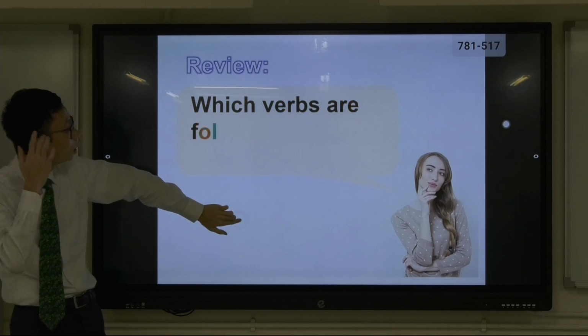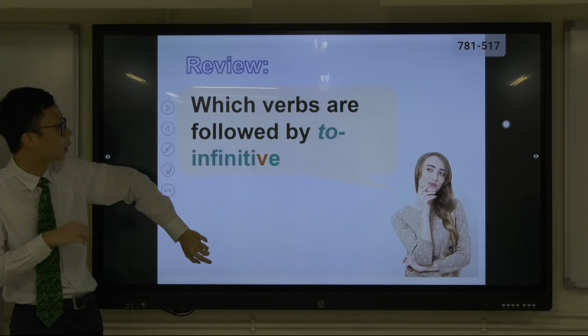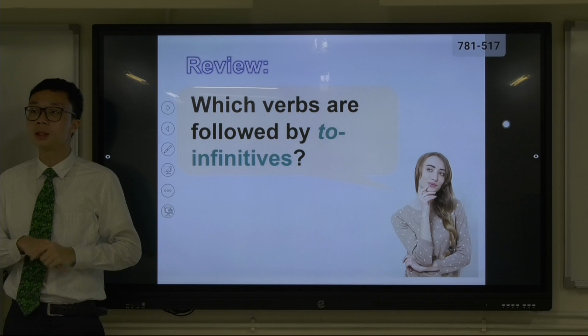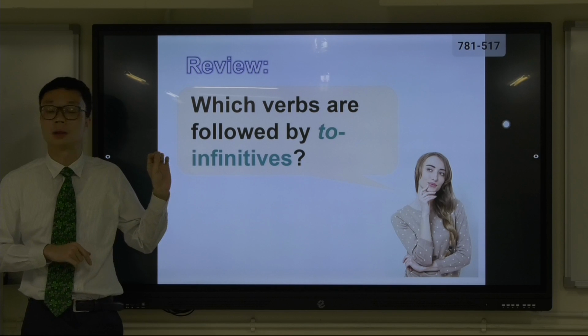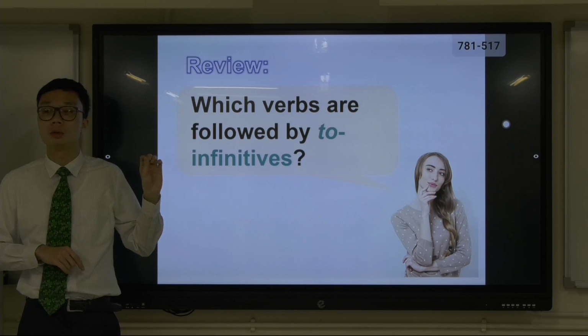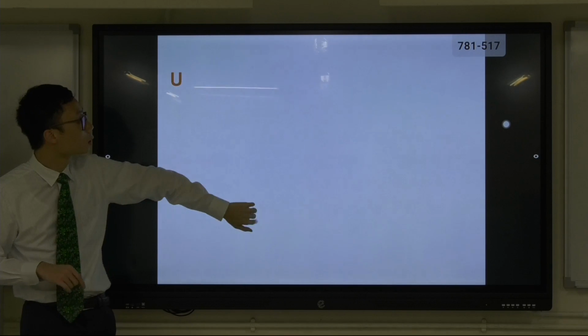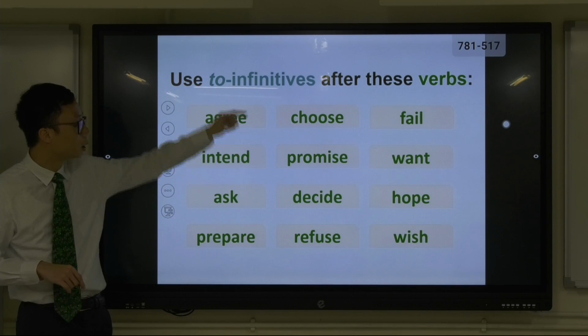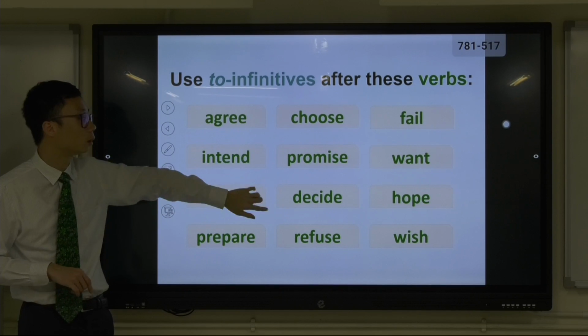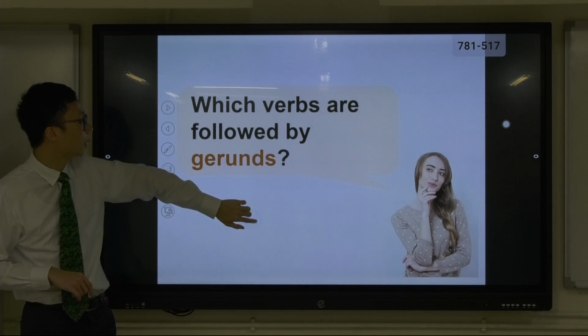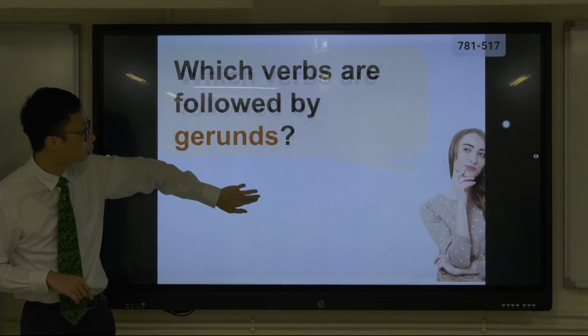Okay, just a quick review. I'll put this PowerPoint slide on my Google Classroom, and you do the review there. This is the same slide that we had in the previous lesson. Make sure you remember all these words and the gerund ones as well.